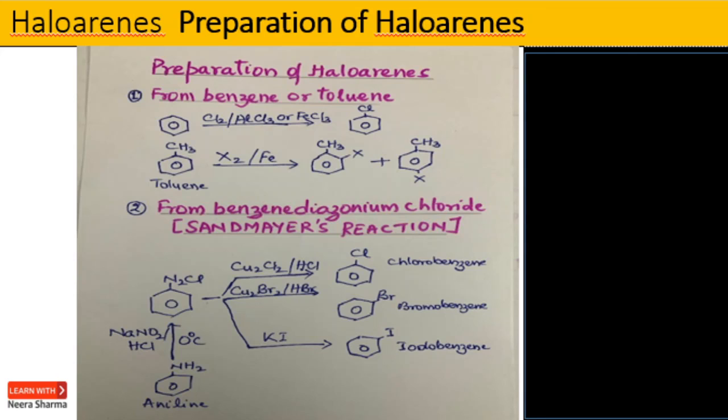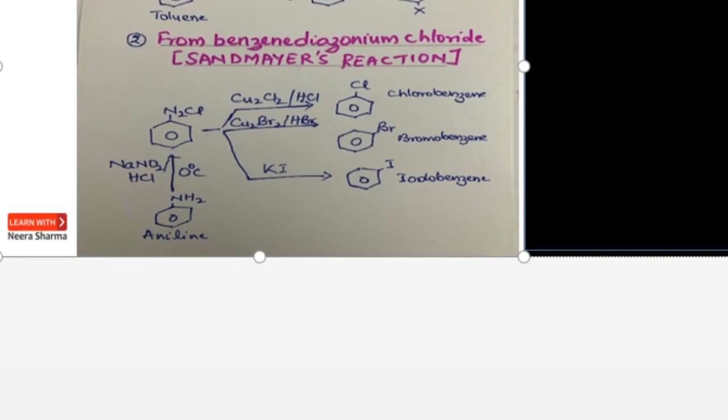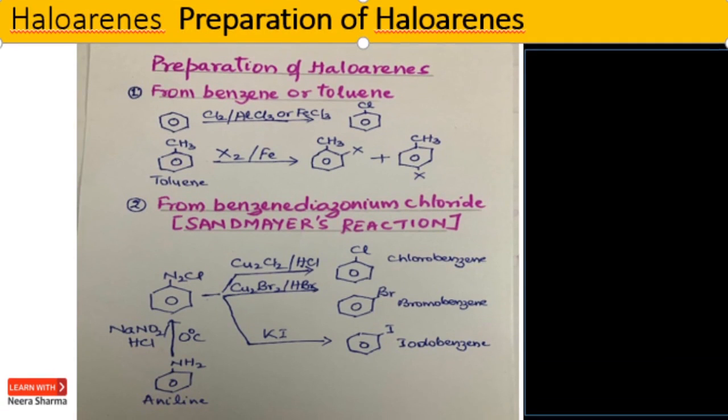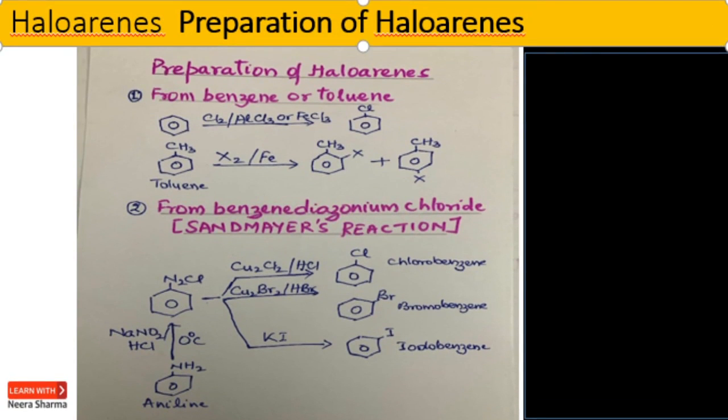This CH3 group is ortho-para directing. So the incoming halogen will go to the ortho position or the para position.